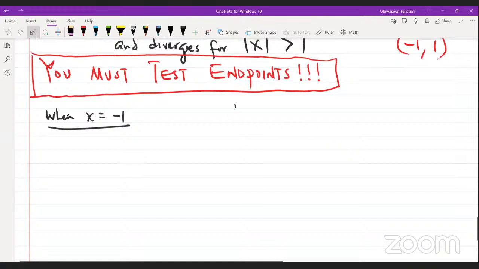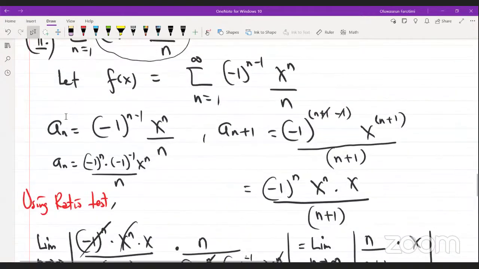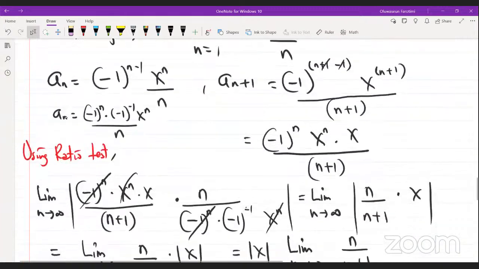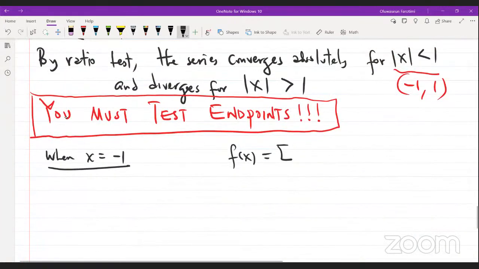Remember that our function was given by, let's see, what was f of x? We'll go back there. f of x is this, I can see right here: the sum of (-1)^(n-1) times x to the power of n divided by n. Now, when x is -1, you just plug in -1 here.